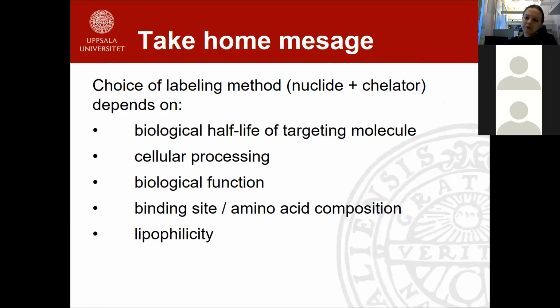So really the take-home messages from this lecture could be that our choice of labeling method, our choice of nuclide and chelator depends on the biological half-life of the targeting molecule. It depends on cellular processing and internalization speed. If it's internalized fast in the tumor, then a non-residualizing halogen label is not good, and it's better to use a radiometal.